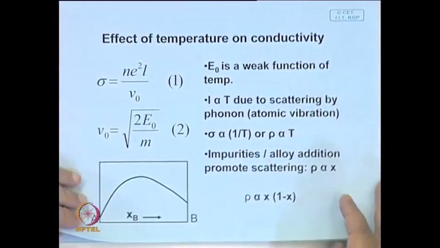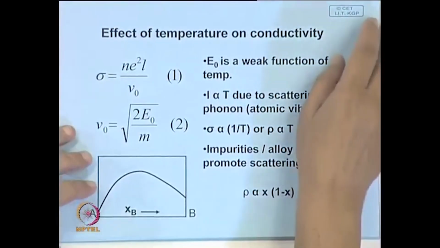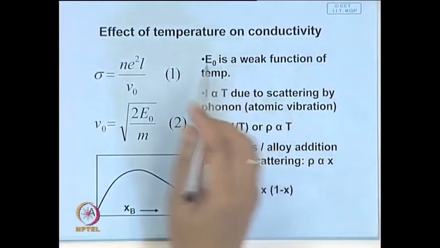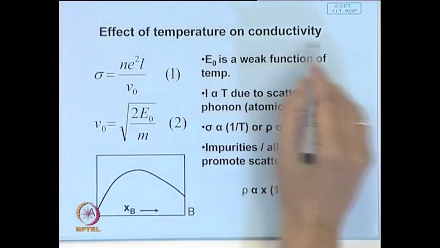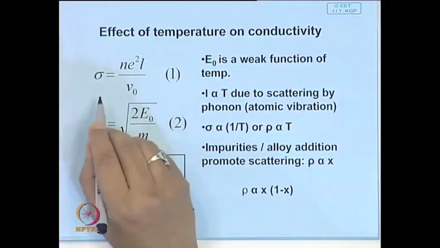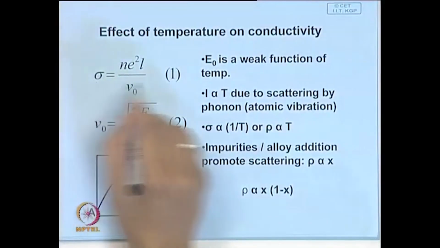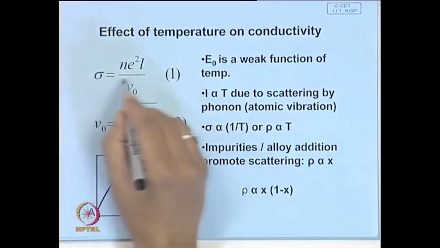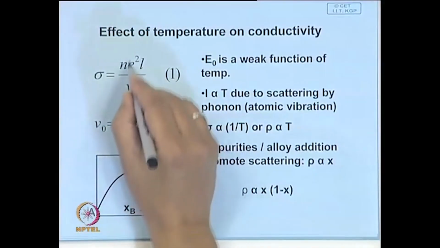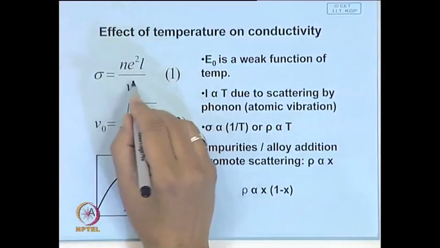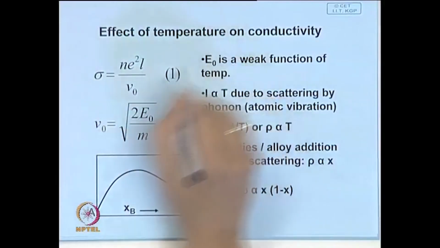Now, let us look at the conductivity in a little more detail. So, the effect of temperature on conductivity. Now, this conductivity expression is written like this. Which are the terms that are affected by temperature?